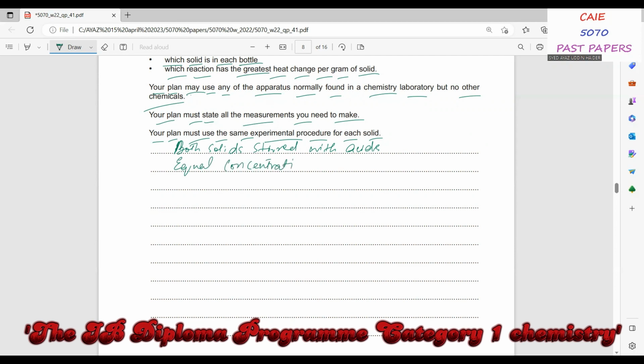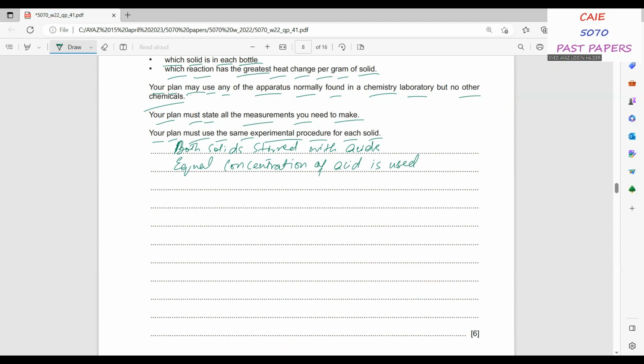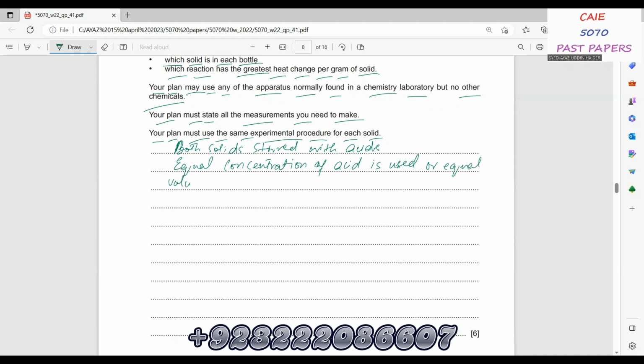Concentration of acid is used. You can even write equal volume. And note down the temperature using a thermometer.